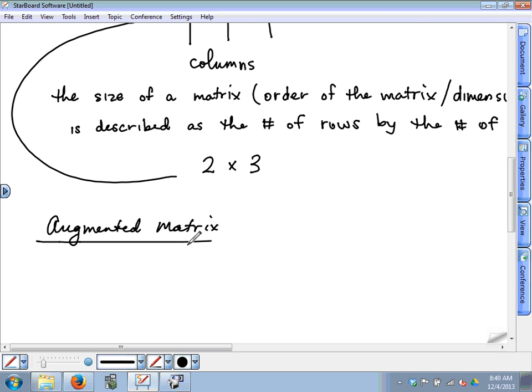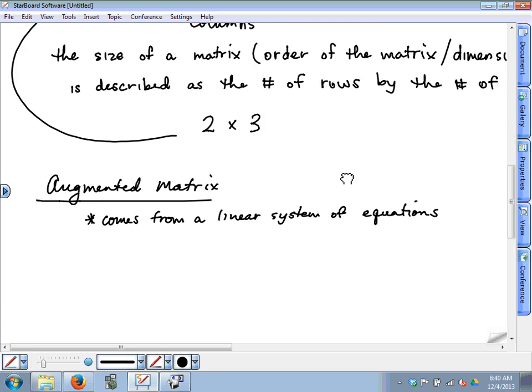This is objective 2, an augmented matrix. An augmented matrix comes from a linear system of equations.